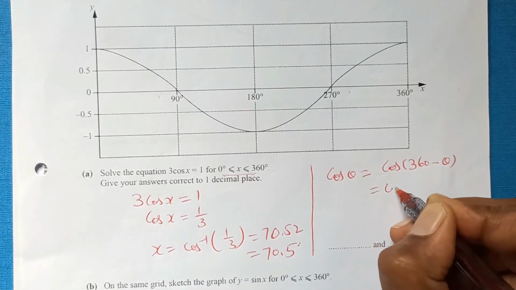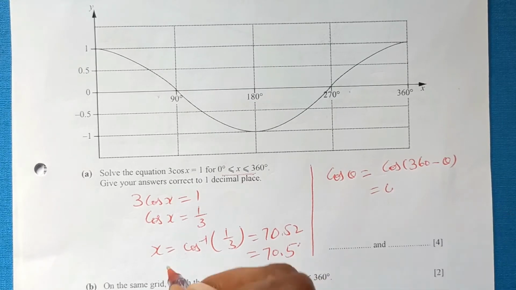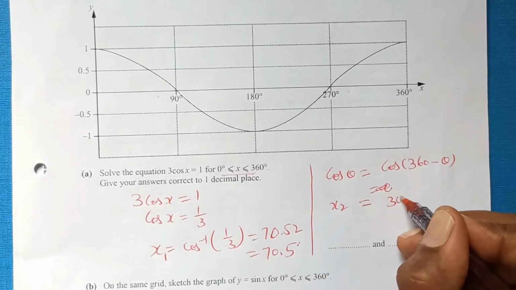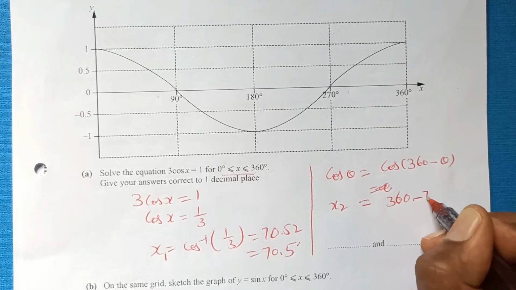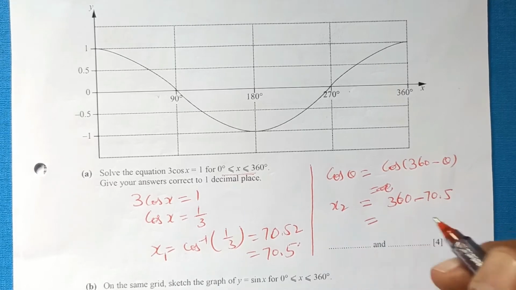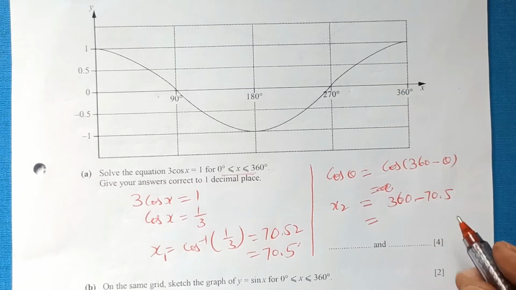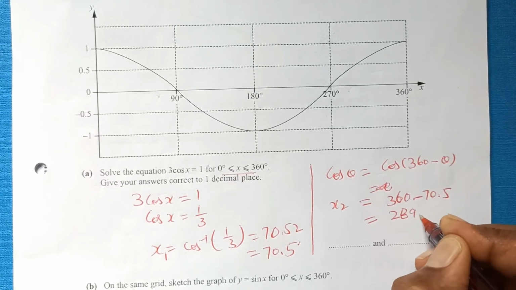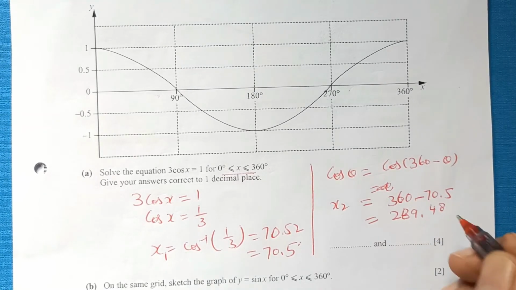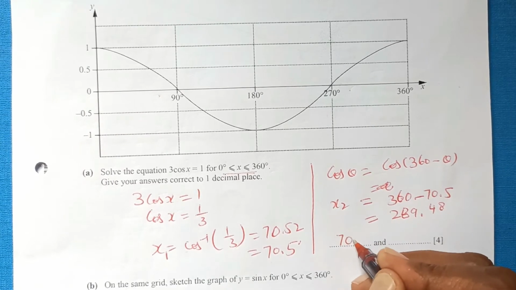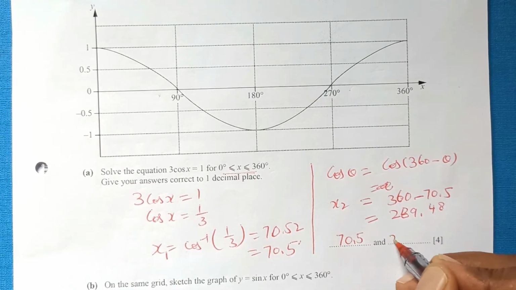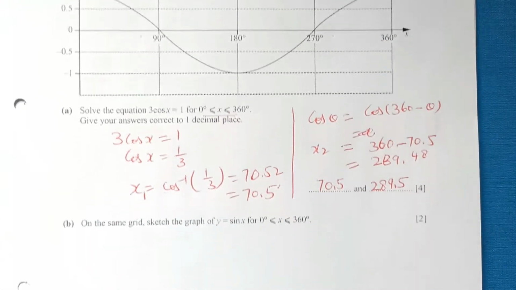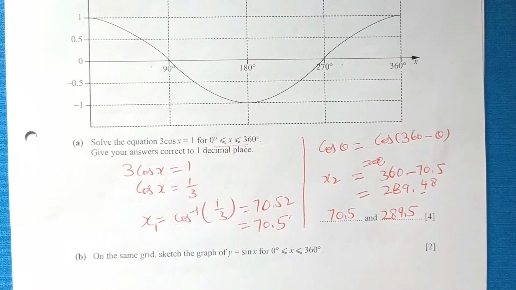So the other angle, x2, will be 360 minus 70.5, which comes out to be 289.48. To 1 decimal place, we write 70.5 and 289.5.